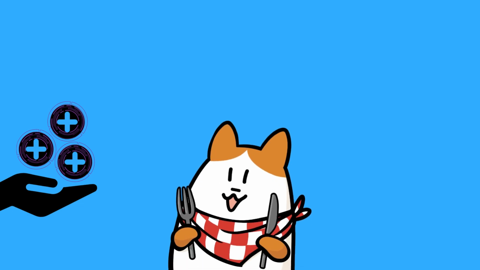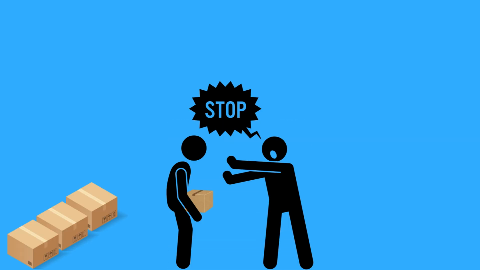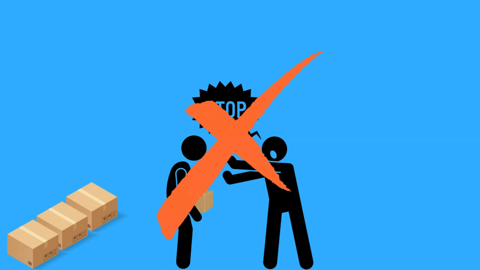Deadlock requires four specific conditions, known as the Coffman conditions. Number 1. Mutual exclusion. Resources can only be used by one process at a time. Number 2. Hold and wait. Processes holding resources can request additional resources. Number 3. No preemption.